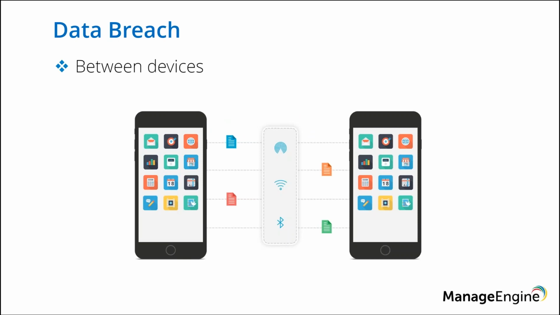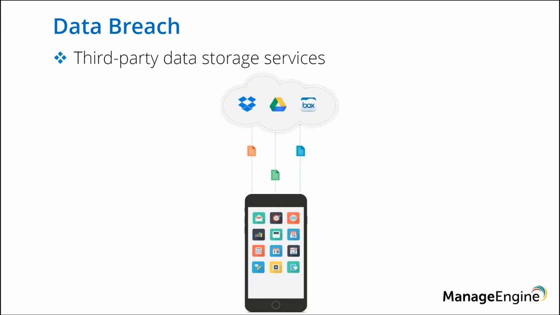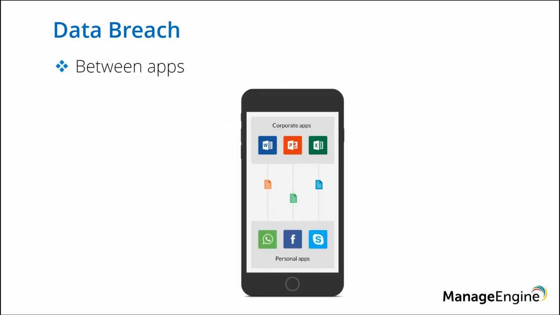It can be between devices using, say, AirDrop or Bluetooth or even Android Beam right now. So you can transfer the files instantly. That is one form of data breach. Another data breach is where you upload documents to third-party cloud storage services. And then you can also have data breach within applications.